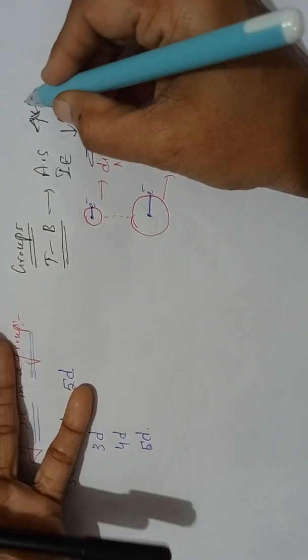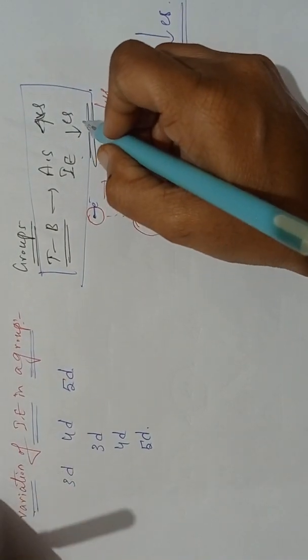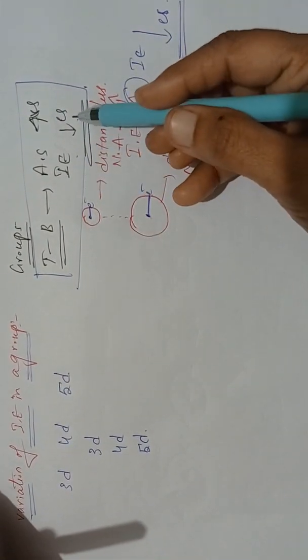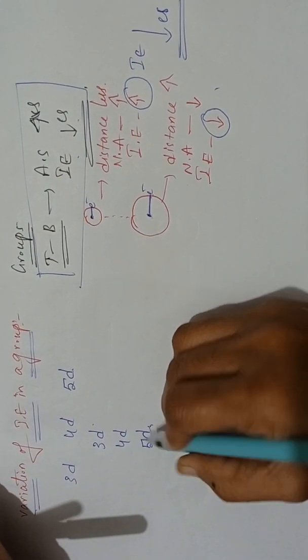Top to bottom, atomic size increases, ionization energy decreases. That means from top to bottom, ionization energy decreases.